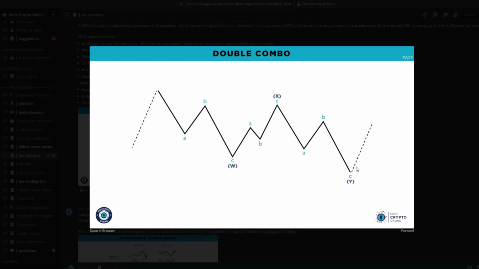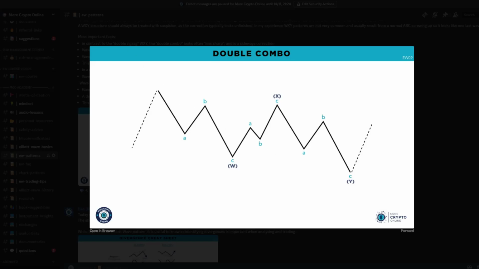Other WXY combinations are possible, but it's simply another leg down, another ABC pattern attached to the ABC structure we already have, connected with another ABC. It gives us this double combo pattern or double zigzag, depending on what the subdivisions are. But this is essentially a WXY pattern. It's a more complex form of a correction. It's a so-called 3-3-3 pattern.